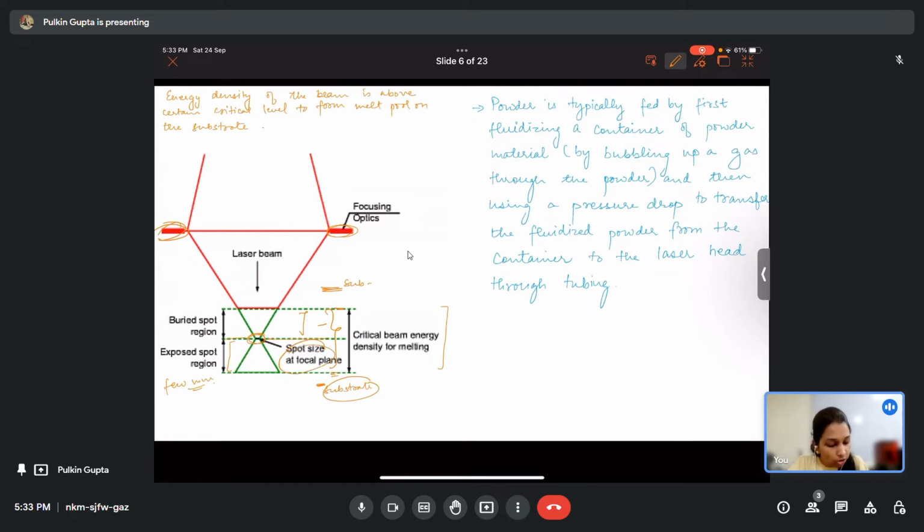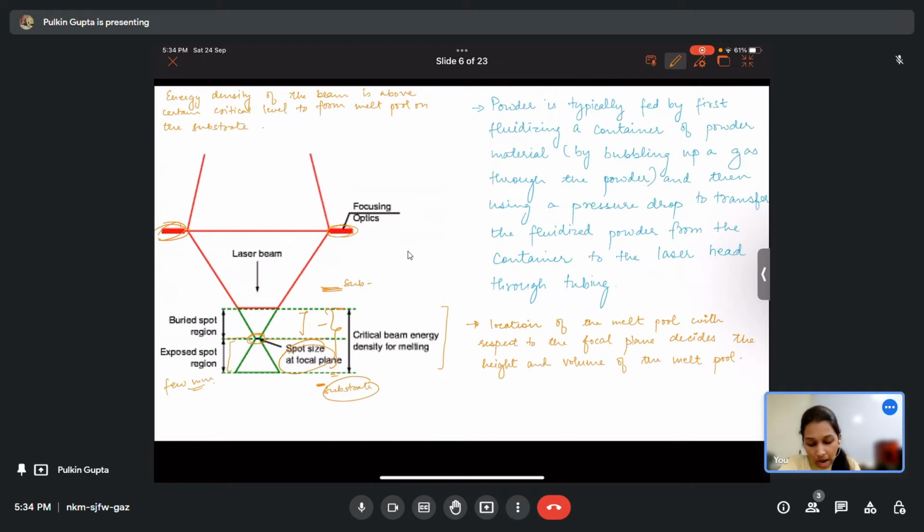So what is the location of this focal plane with respect to the melt pool decides the height and volume of the melt pool.